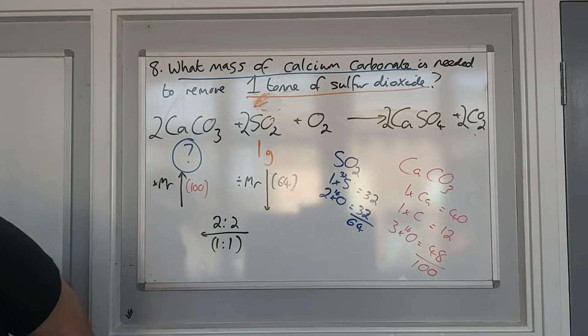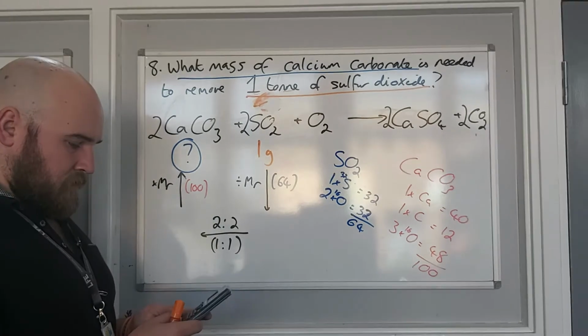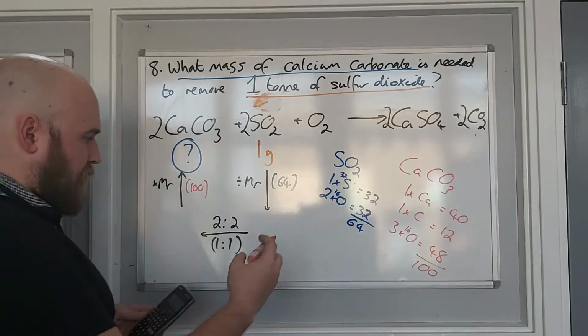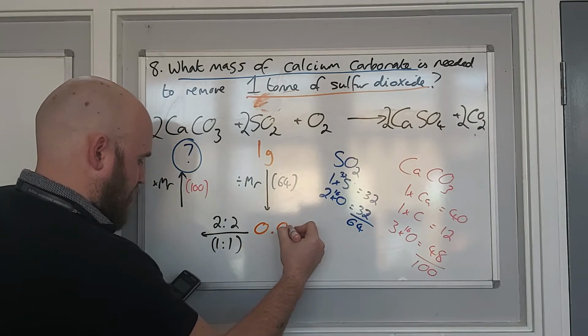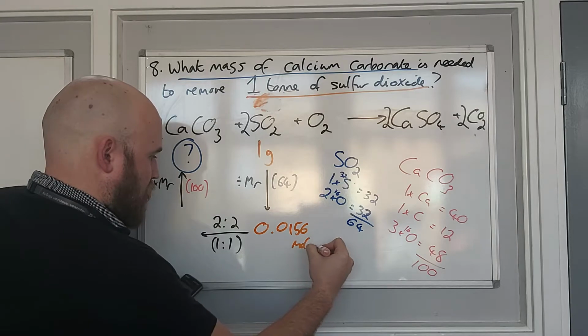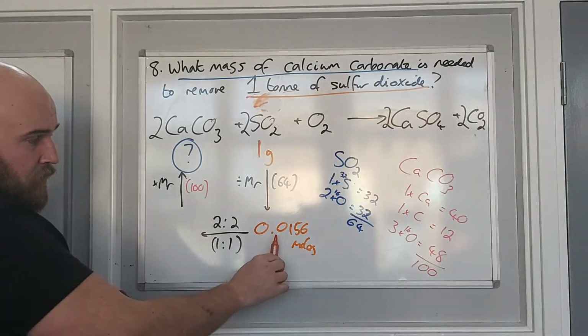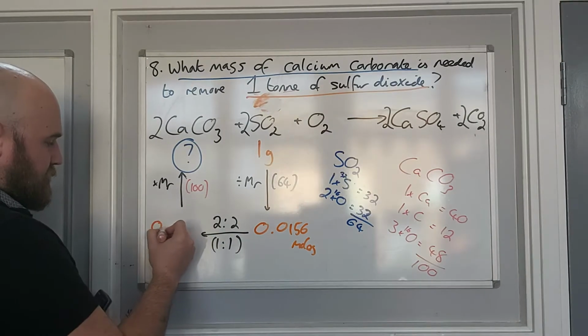So let's have a go. So the first step, 1 divided by 64 is 0.0156 moles. And because it's a 2 to 2 ratio, or 1 to 1, whatever number's there, the same as the number here.